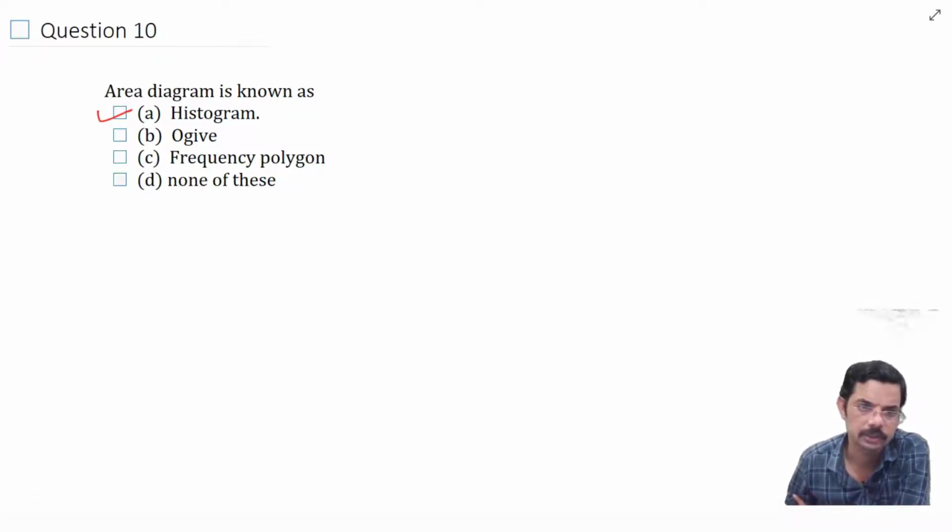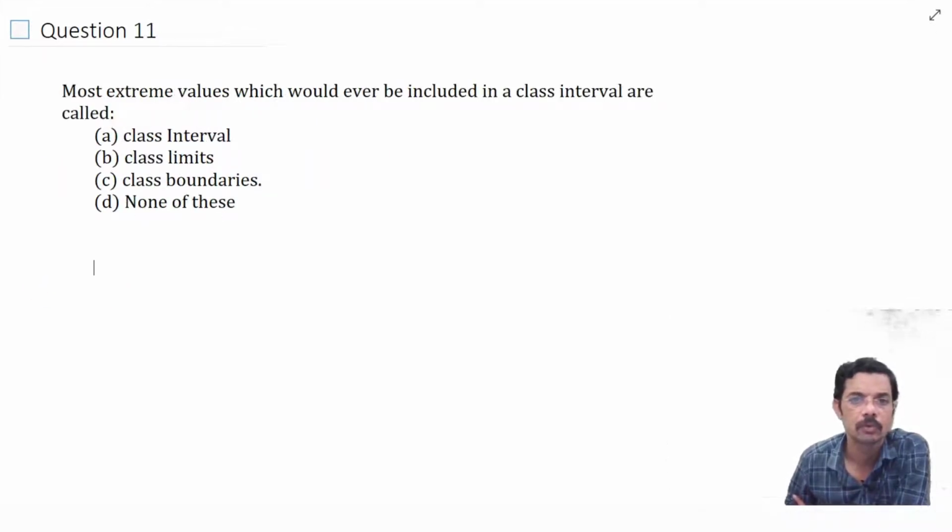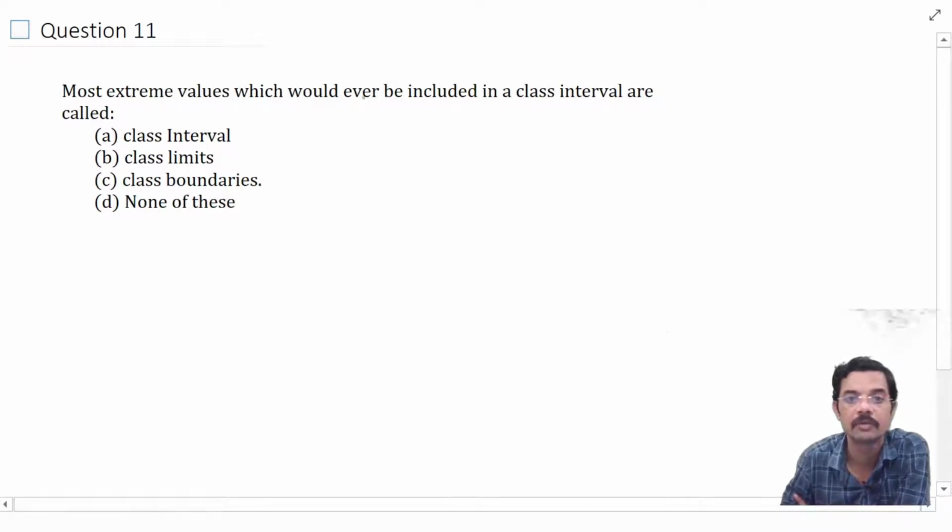Okay, next question, question number 11. Most extreme values which would ever be included in a class are called dash. See, we should know that. If we have something like 11 to 20, 21 to 30, these classes are there. Okay, these are called class boundaries, lower class boundary, upper class boundary.